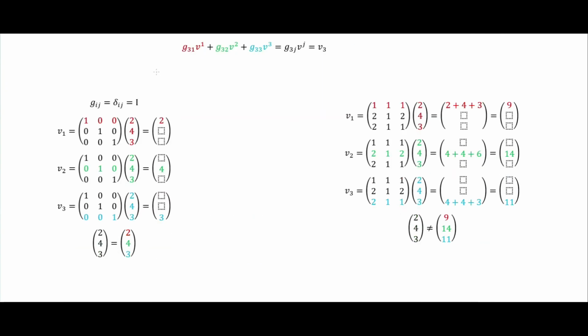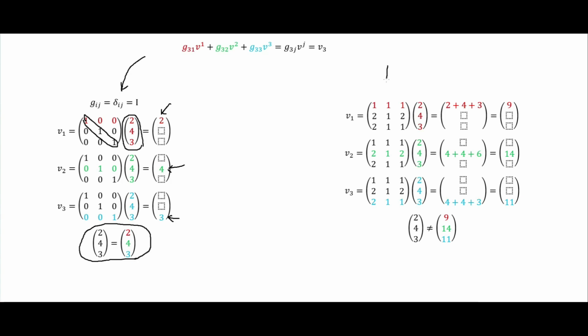And so I actually have some examples here. So this example is if we are in the orthonormal Euclidean space, where we just have ones going down the diagonal here, and so we just end up with 2 for our top one, then 4 for our middle one, and 3 for our bottom one, which is exactly what we have in our original vector. And so we do end up getting this equal to that.